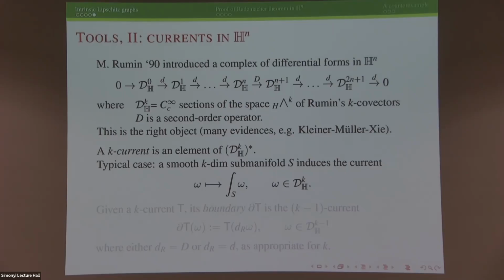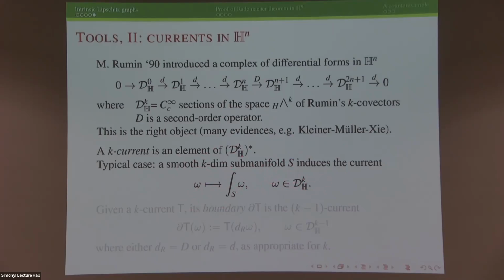The typical case of a k-current is a k-dimensional smooth submanifold S that you can see as a current which, to every k-form omega, associates the integral of omega on S. So in this sense, this defines a linear operator on the space of k-forms.